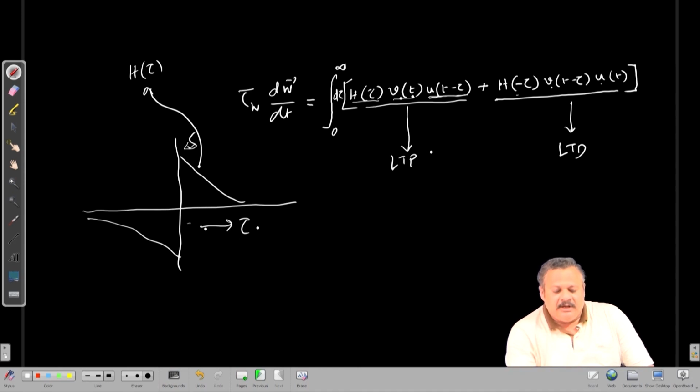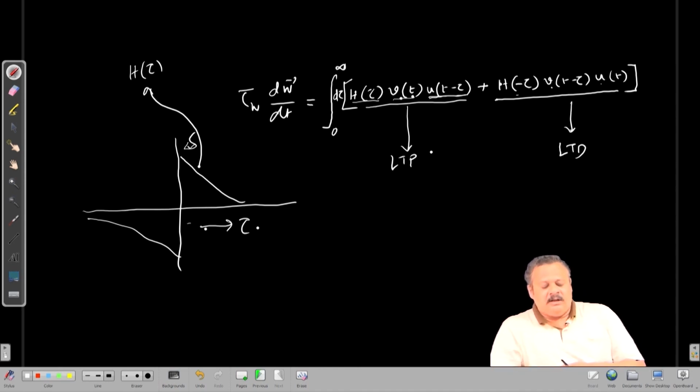So, the LTP and LTD are both included, and the difference from what we had seen earlier in terms of the experimental observation of spike timing dependent plasticity is that we are now basing it on average rate responses, assuming that there is a probability of spiking associated with that output rate. And so, we can indeed set up this model to explain the change in weight based on the spike timing dependent plasticity.